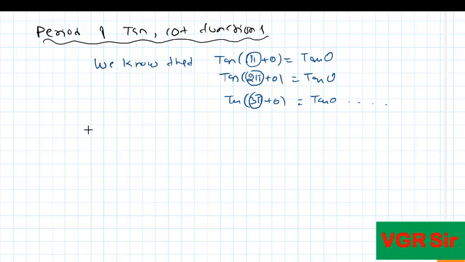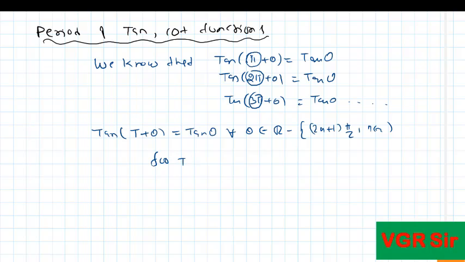I will write tan of t plus theta equal to tan theta for every theta belonging to the domain. Domain means R minus the angles which are of the form n pi by 2, n belongs to Z. For t equal to pi, 2 pi, 3 pi, 4 pi, all are positive only.